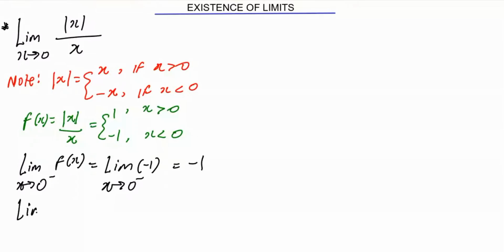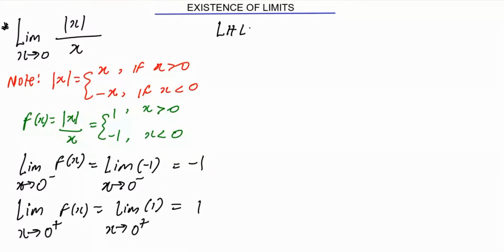And I'm looking at the limit as x tends to 0 from the right of f of x. Remember, 0 from the right means x greater than 0. Which of these functions has x greater than 0? 1. And what's the limit? There's no x there, so it just returns 1 for you. Now, check it out. If you observe, the left hand limit is not equal to the right hand limit.